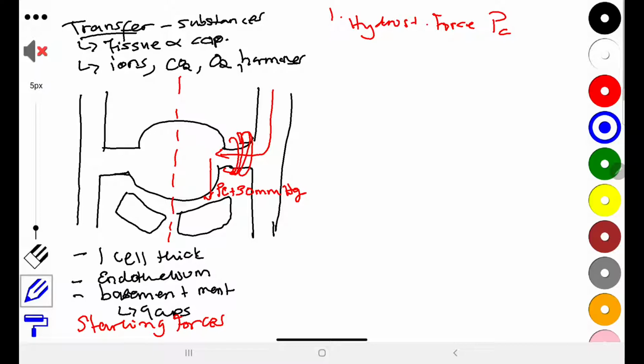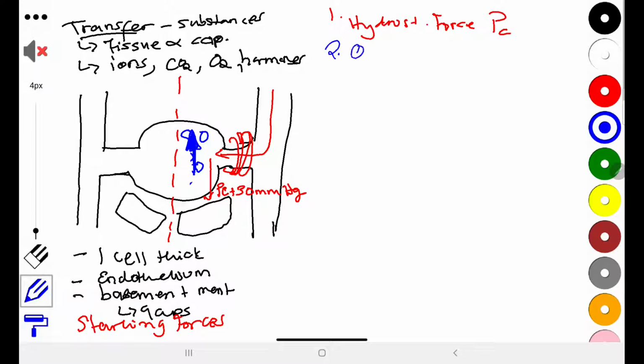But we see that there's a second force. Within the capillaries you have some proteins that cannot go through the endothelium or the walls of the capillaries, and because of that they have an osmotic pull. Okay, I'll label this osmotic pull as oncotic pressure.